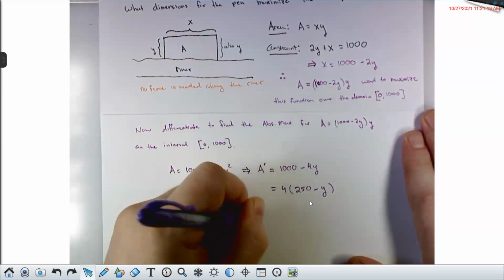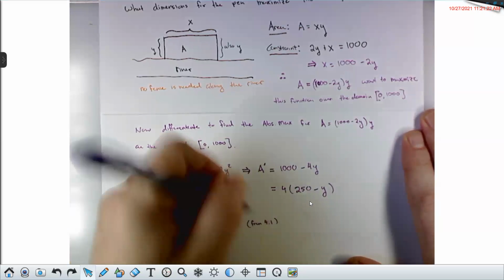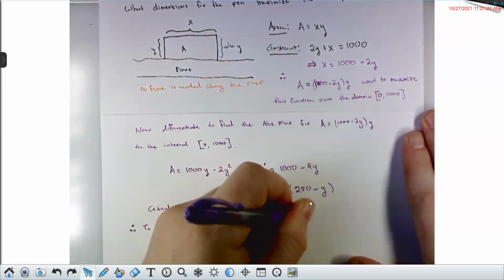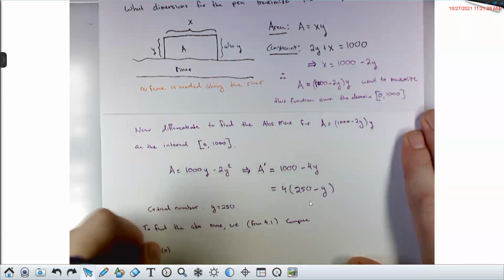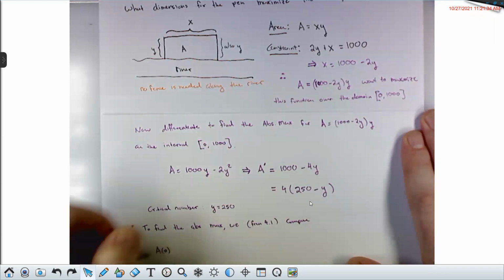This is coming from section 4.1. We compare A of 0, A of 250, and A of 1000.